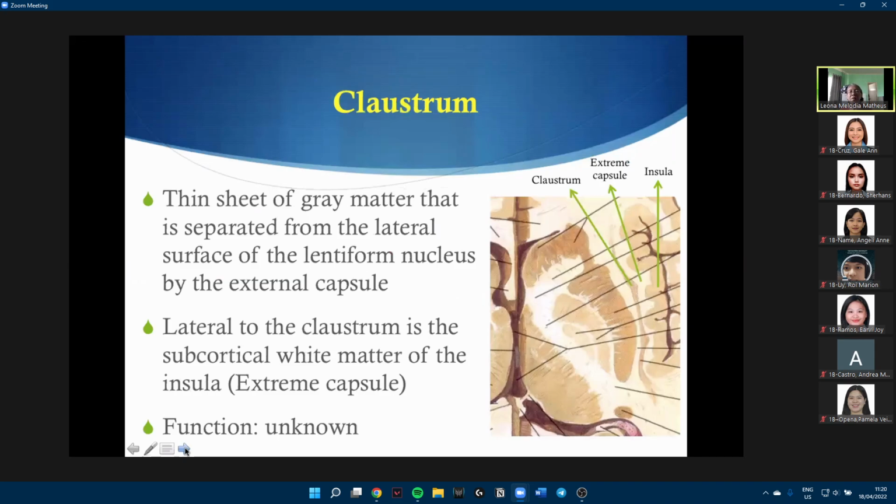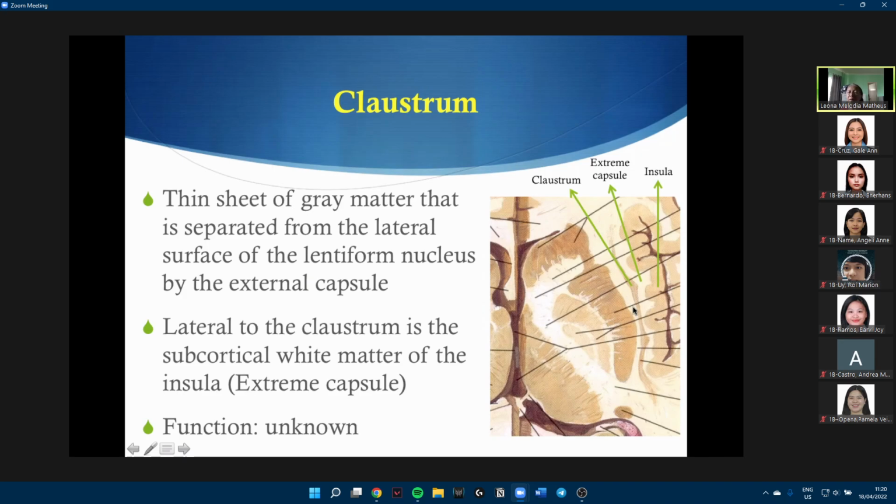So let's look now at the claustrum. We already identified the claustrum as this thin sheet of gray matter that we said is found lateral to your lentiform nucleus. Again, we said that in between these two structures, the claustrum and the lentiform, is this thin sheet of white matter, what we call the external capsule.